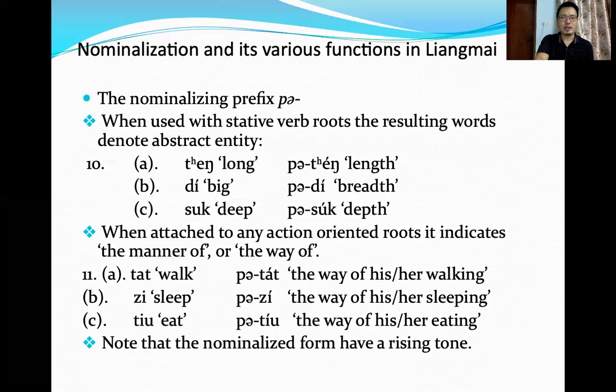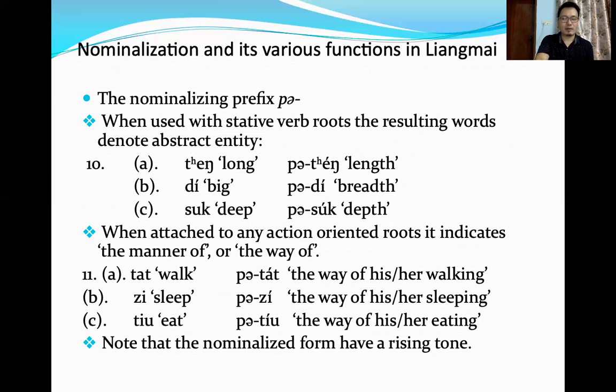The nominalizing prefix pa. When used with stative verb roots, the resulting words denote an abstract entity. Thing, long, a thing, length. D, big, a d, breadth. Suk, deep, a suk, depth. When attached to any action-oriented roots, it indicates the meaning of the manner of, or the way of.